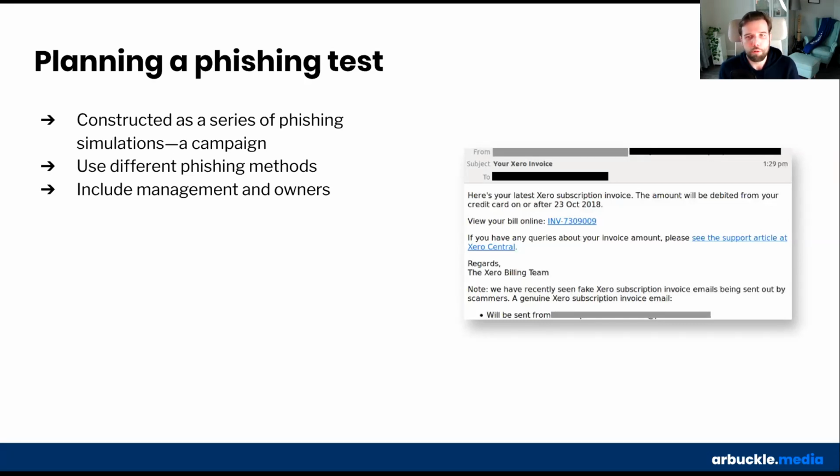So if something is coming from HR or finance, ensure that it's from what appears to be an appropriate email address, and ask questions that an HR or finance person would ask, for example. And include, of course, management and ownership as well.